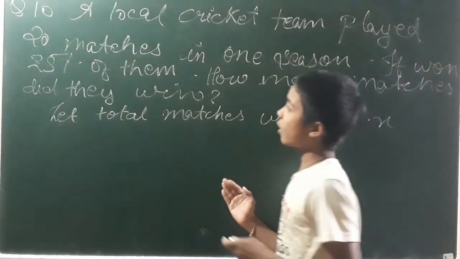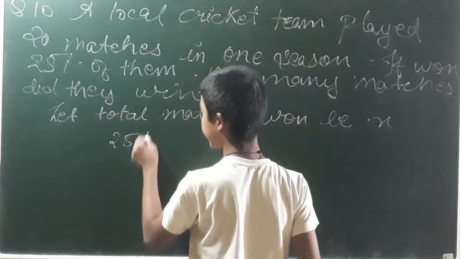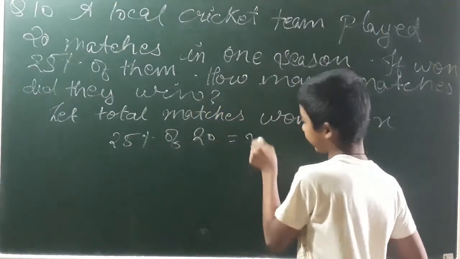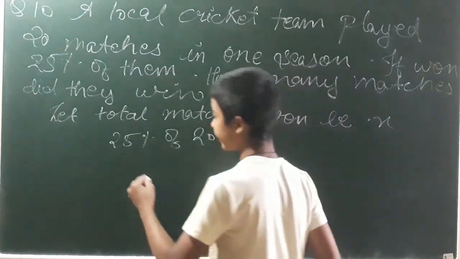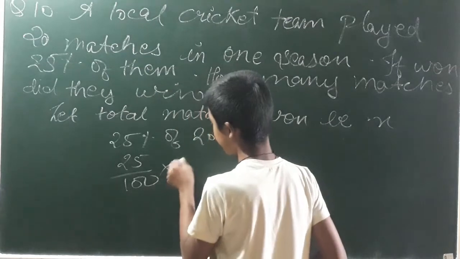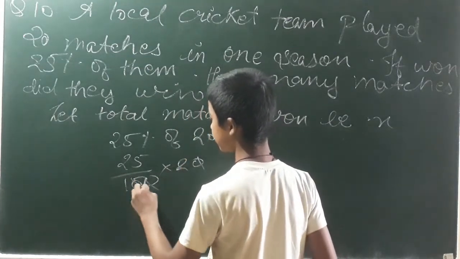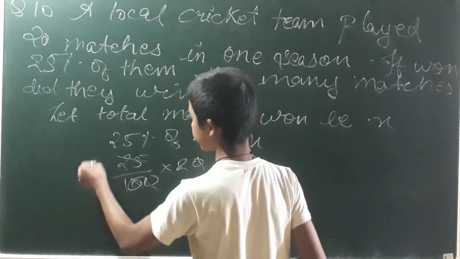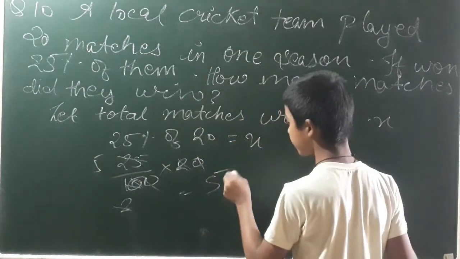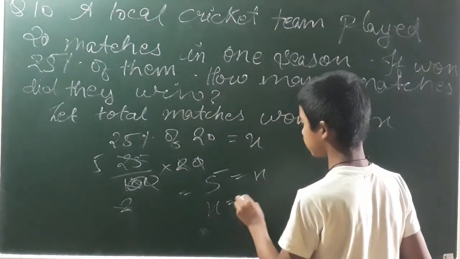Okay, now what? 25% of 20 is equal to X. So this will be our statement. Now 25 upon 100 multiplied by 20, the 0s cancel, and it will be 10. So 5 5s are 25, and 5 2s are 10. Now these 2 cancel, so 5 is equal to X, or we can write X is equal to 5.